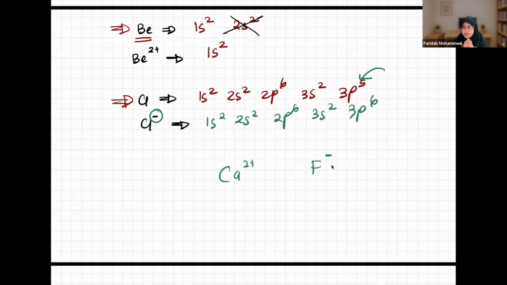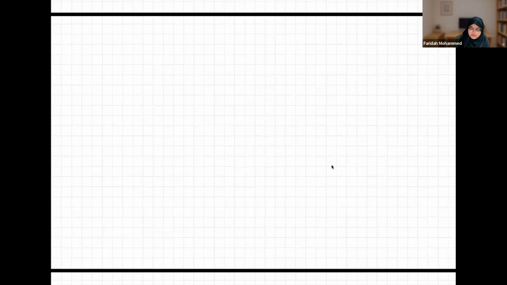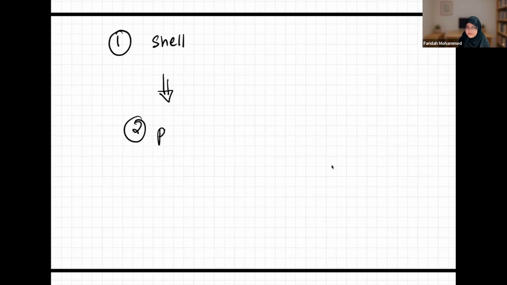Which is bigger? When we talk about size or any periodic trend, as a matter of fact, please write this down: you want to compare the number of shells first.